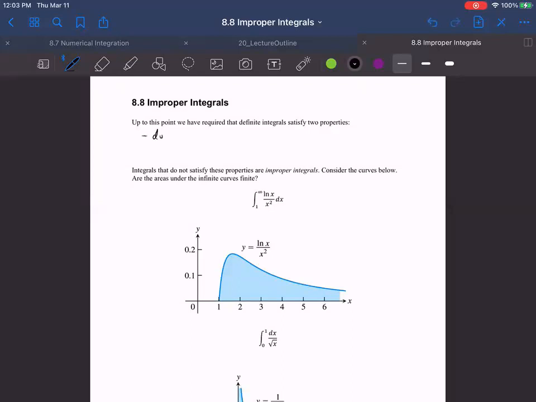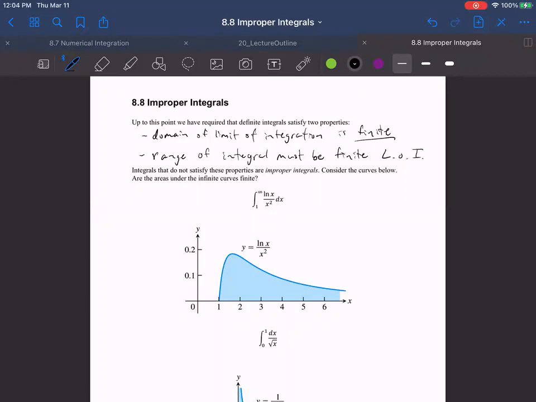First off, the domain of the limit of integration is finite, and the range of the integral must be finite on our limits of integration. Whether you really absolutely knew that or not, we did that, right?